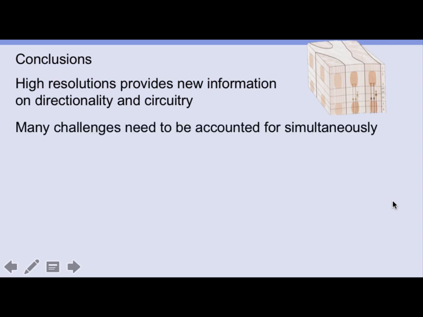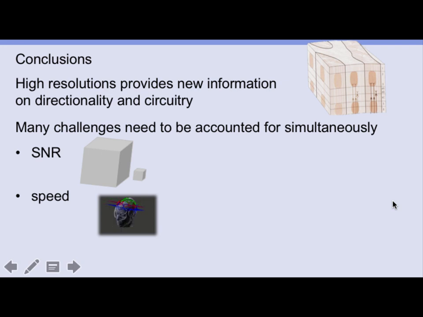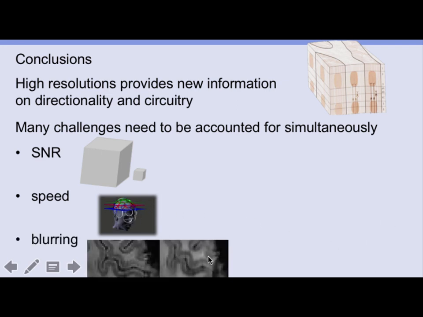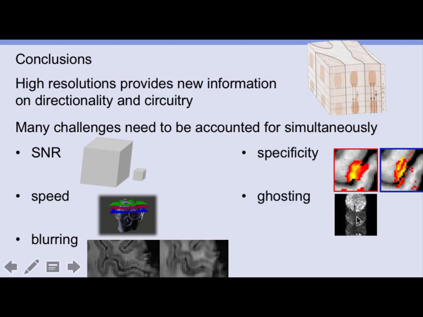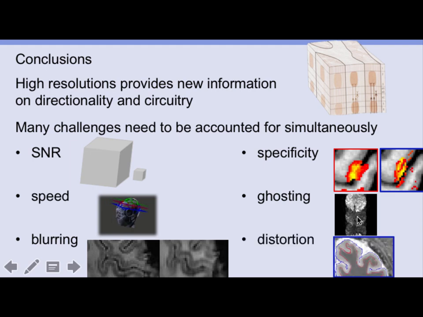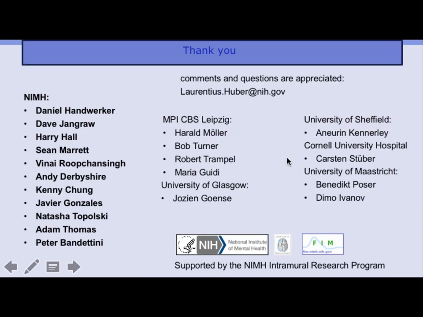However, it comes along with a lot of challenges, such as limited signal-to-noise, longer readout durations that need to be sped up, and we have unwanted blurring, unspecific contrast mechanisms, increased sensitivity to ghosting, and also larger distortion levels. Only if you can account for all of these challenges do you get nice data that you can use for neuroscientific interpretations. And with that, I thank all my colleagues and you for your attention.